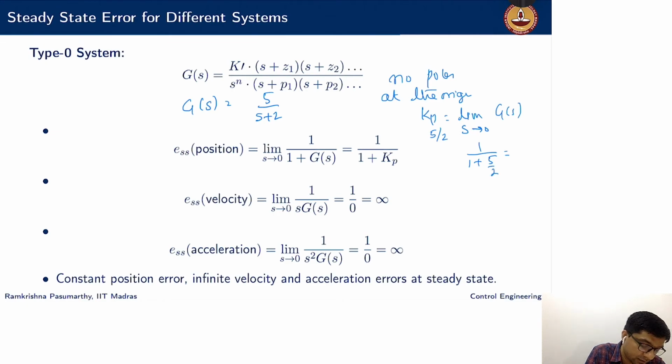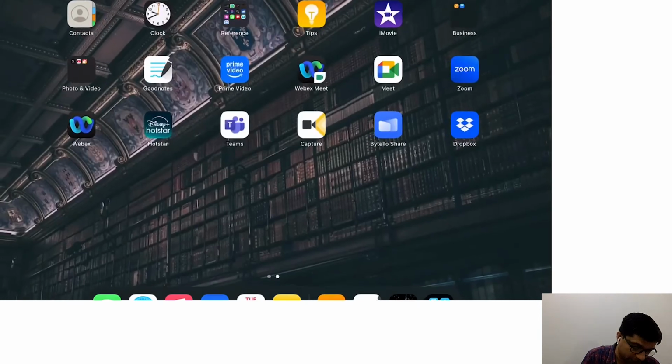This will be 2 by 7. Okay, what was 2 by 7? It comes out to be 0.28 something. So my y at the steady state was equal to 5 by 7, which was 0.714 in the original plot we had started off with.